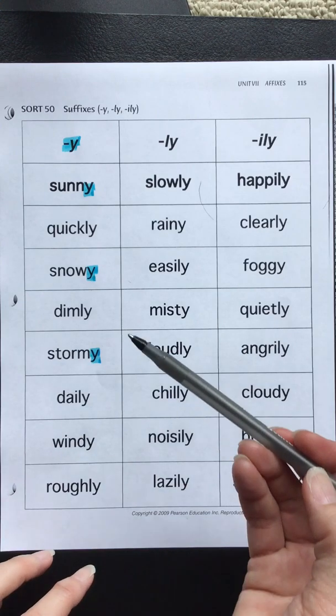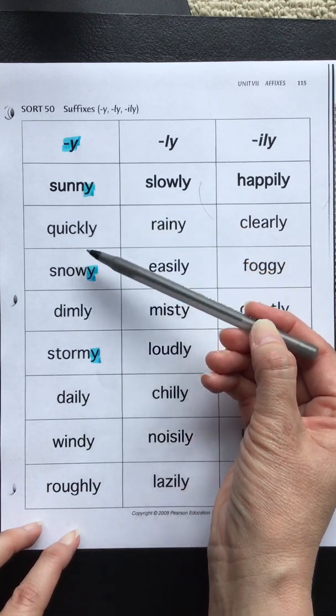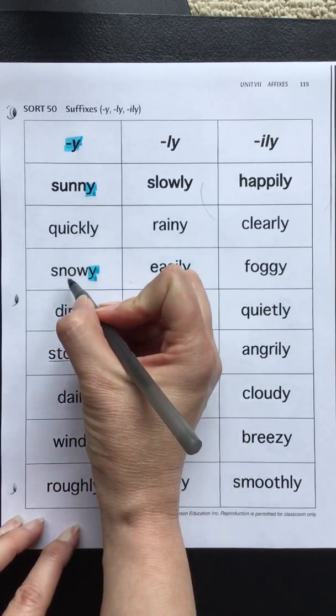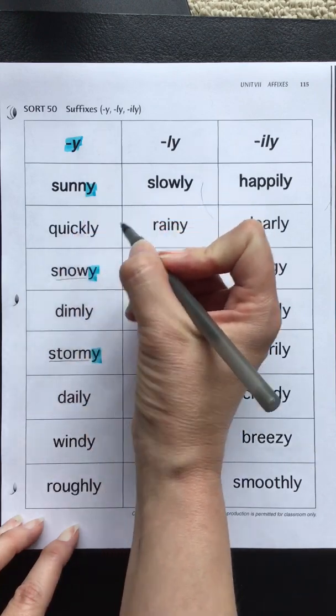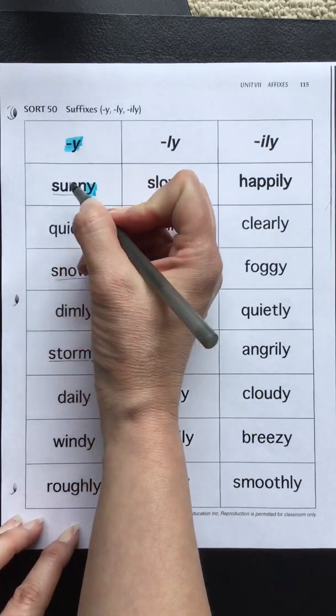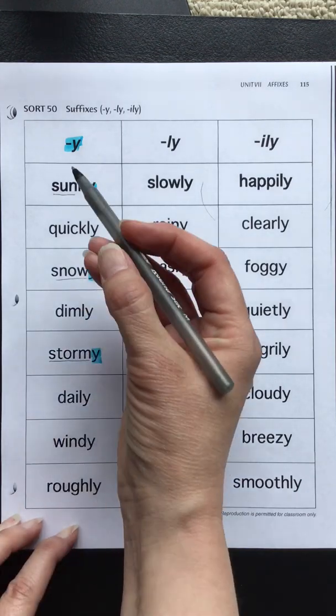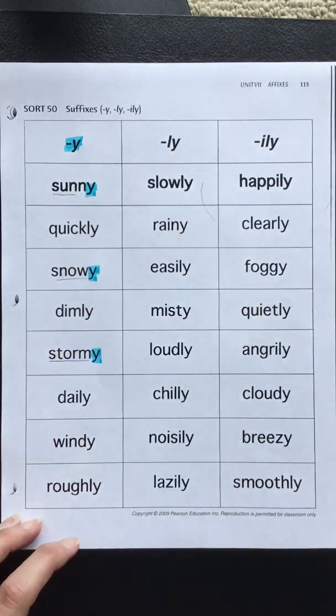Do you notice when you add y to the end of the word, usually there's just a base word that you recognize. Storm, snow. This one is sun, but the n was doubled before they added the y. Okay? It's a consonant, vowel, consonant word.